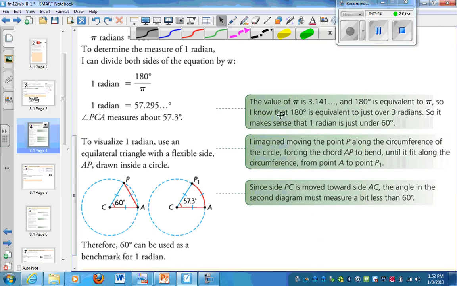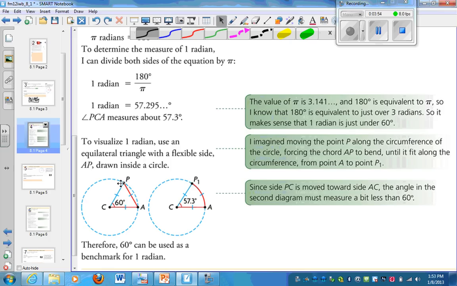Now to visualize it, use an equilateral triangle with a flexible side. I know that 180 is equivalent to just over 3 radians. So it makes sense that 1 radian is just under 60. So we did 180 divided by 3, so it's just under 60, or 57 was exact. I imagine moving the point P along the circumference of the circle, forcing the chord AP to bend to fit until it exactly fits the point A to P1.